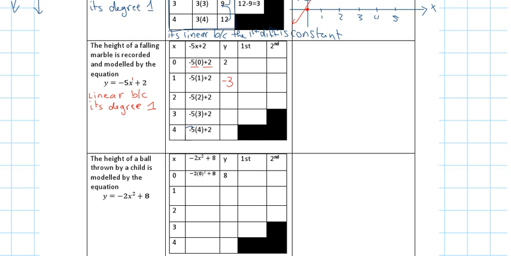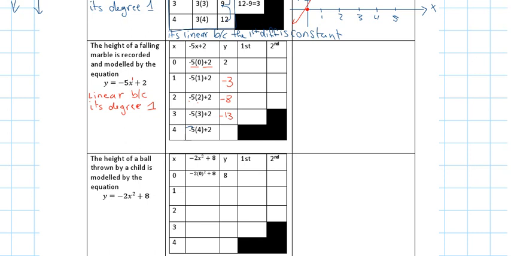I have to do the same thing here. So negative 5 times 2 is negative 10. Add 2 is negative 8. Negative 5 times 3 is negative 15. Add 2 is negative 13.